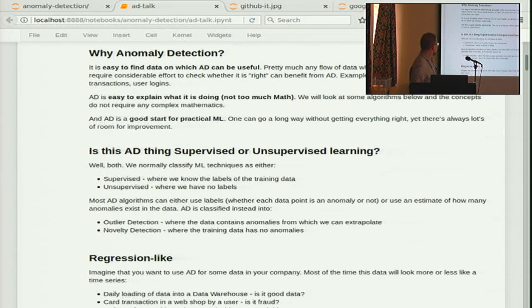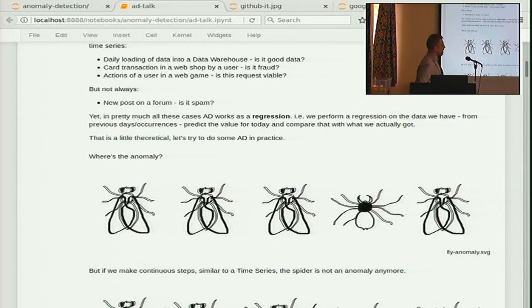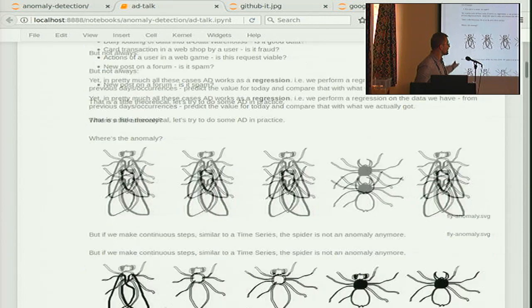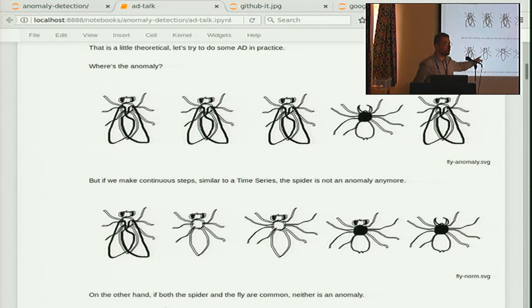No, okay. So, where's the anomaly in there? Yeah, that's easy. Now, I'm not particularly good at biology. So there are flies, there's a spider. But now, if the fly is slowly evolving into the spider, is it not an anomaly anymore, right?